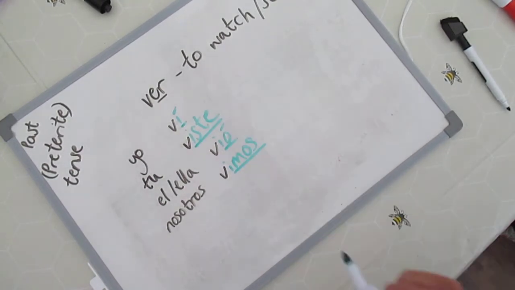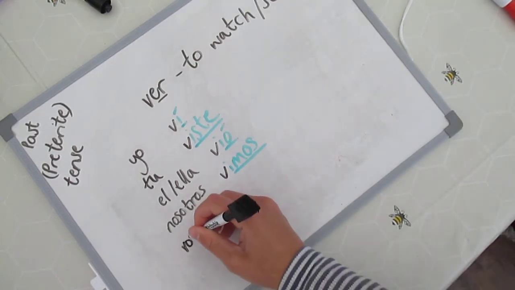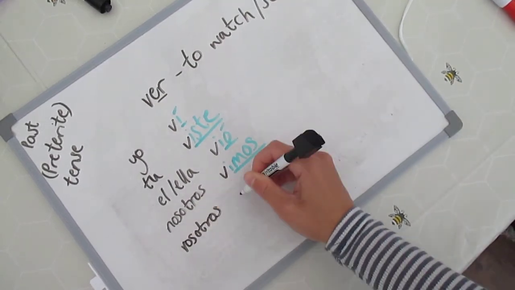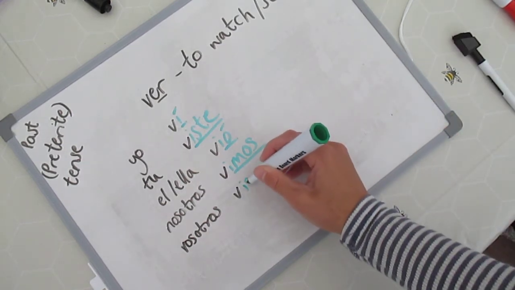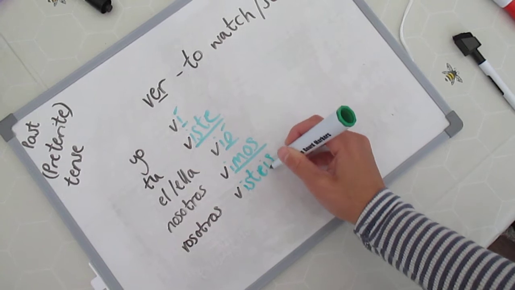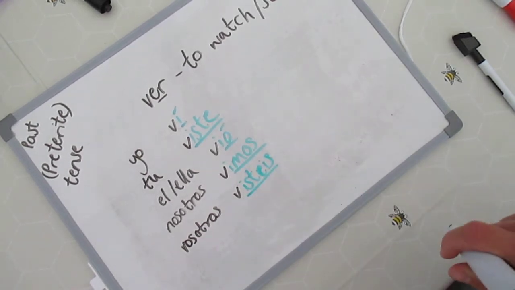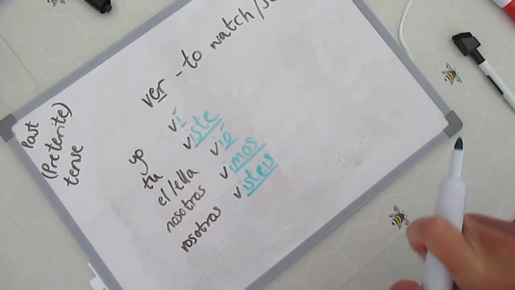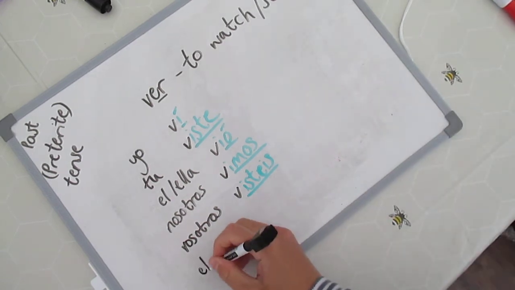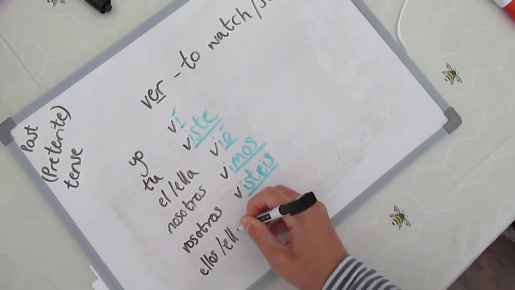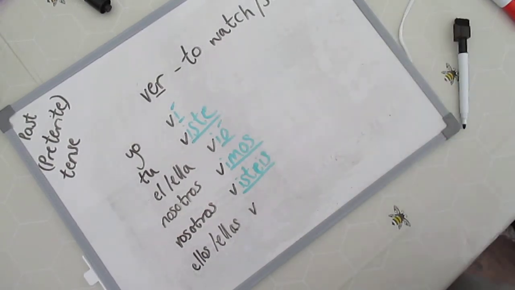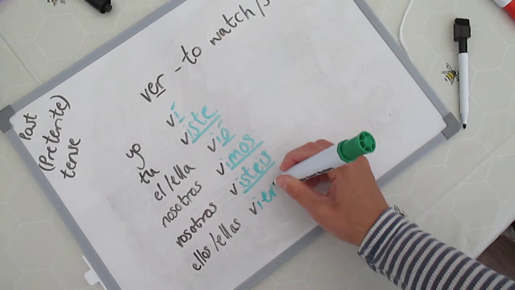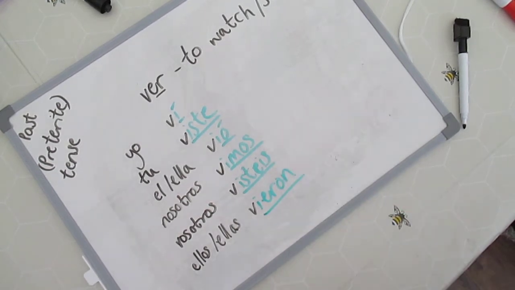For vosotros, you all, take off the ER, we're left with a V, and then it becomes visteis. Actually that ending looks a little bit similar to the AR endings. And then for ellos and ellas, we're left with just a V because we've taken off the ER, and it becomes vieron. Okay, so those are our endings.